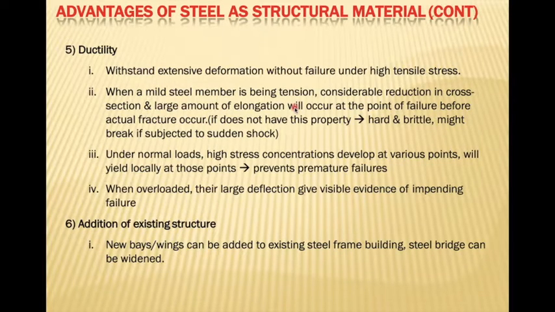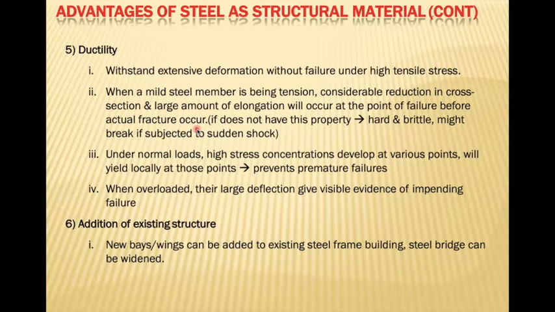We can see that steel is very ductile, so it can withstand extensive deformation without failure under high tensile stress. When a mild steel member is in tension, considerable reduction in the cross section and a large amount of elongation will occur at the point of failure before actual fracture occurs.